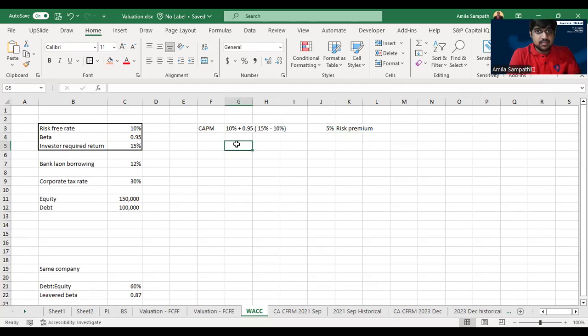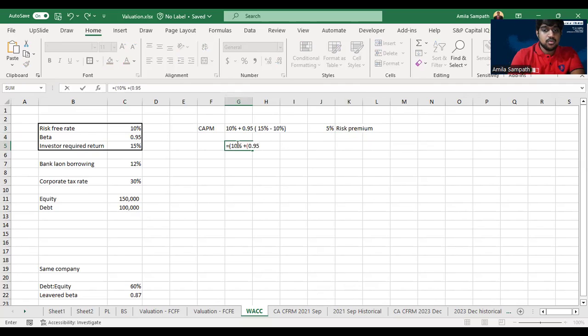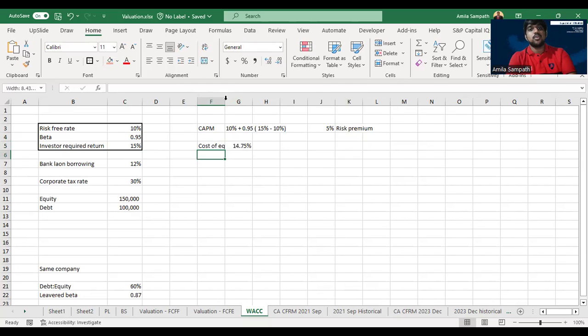Then simply we can calculate: 10% plus 0.95 multiplied by 5%. Then we get our cost of equity using the CAPM model as 14.75%.